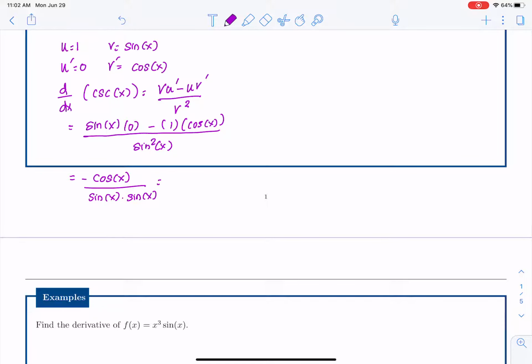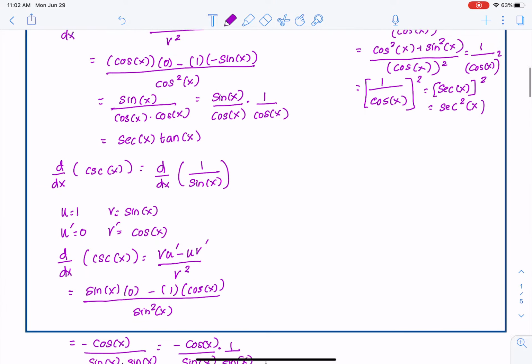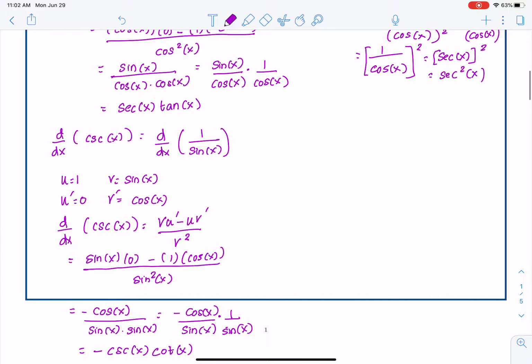If we split it up, we have negative cosine x divided by sine x times 1 over sine x, which would simply give us negative cosecant x times cotangent x. Now you should sort of recognize a pattern and realize what the derivative of cotangent x would be.